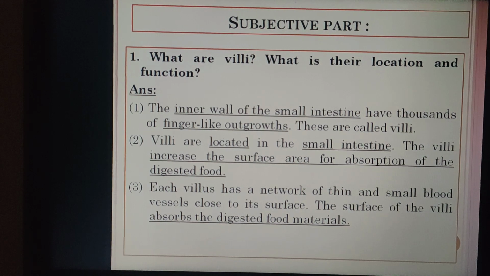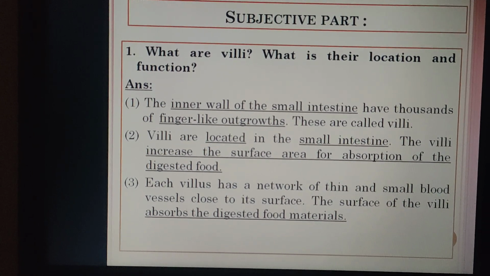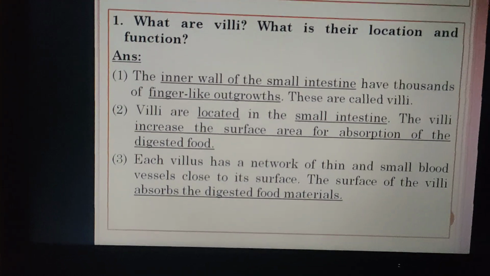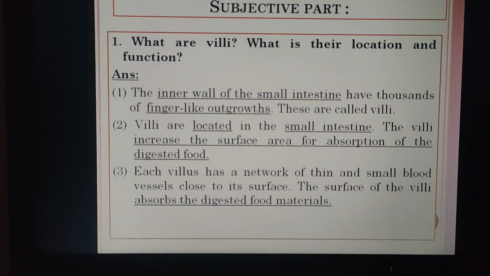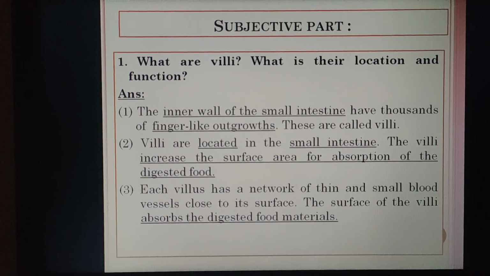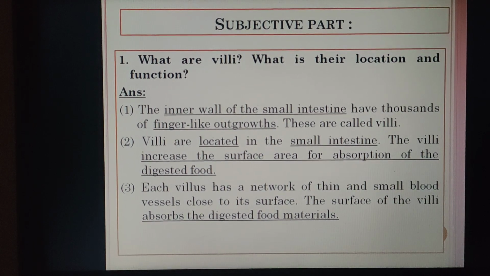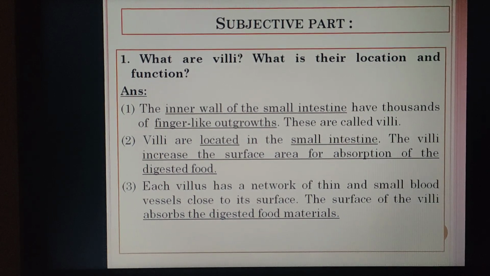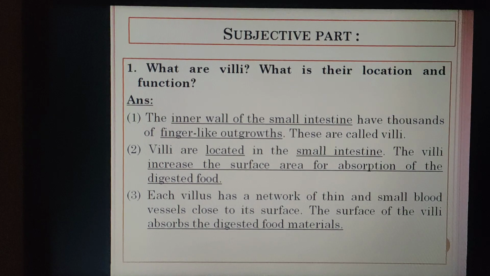To absorb the food materials, hence I have underlined it. Location: located in the small intestine, underlined. And it increases the surface area for the absorption of food. In this way, beta, whenever a long answer comes which has 2 or 3 points, make sure you underline like this and present yourself very nicely.